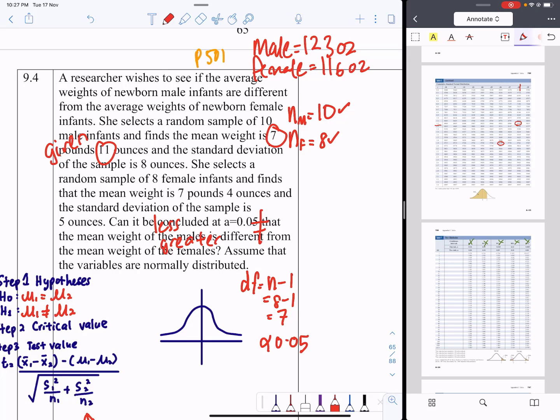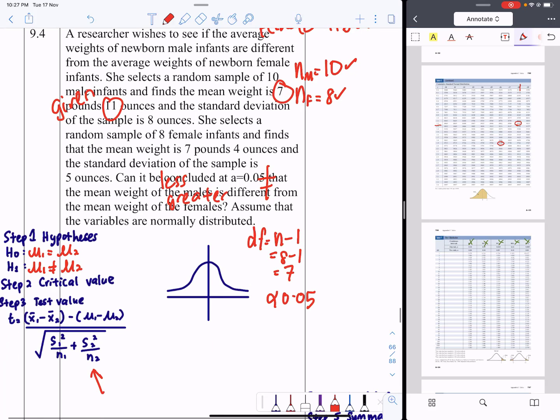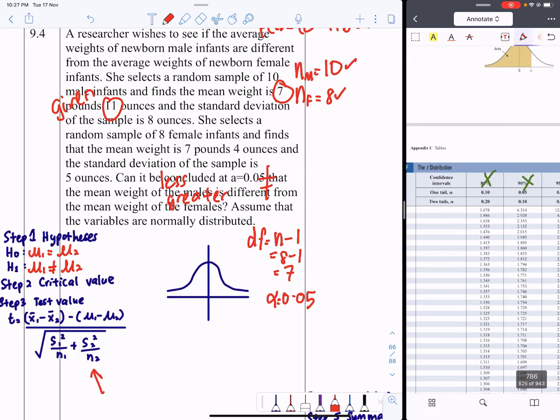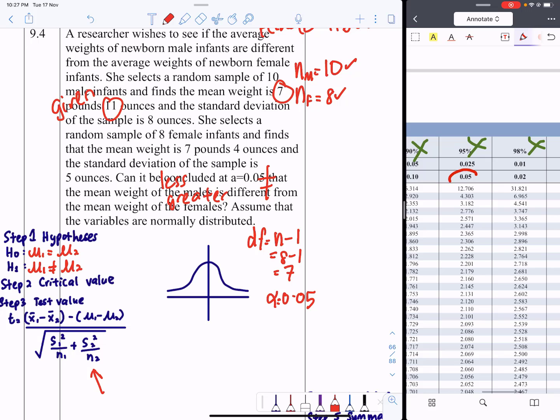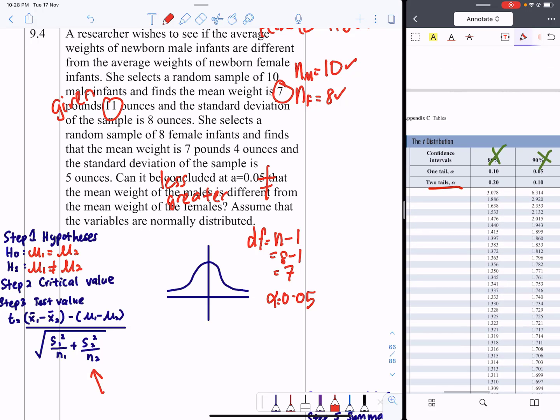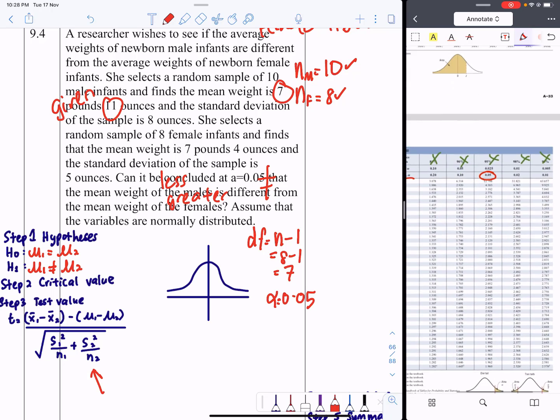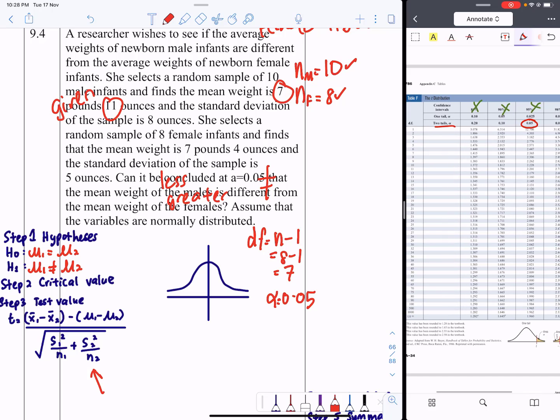And the alpha is 0.05. Because this one is a t-test and two tail, we can directly go to two tail here and go for 0.05 without dividing it. That is the simplest one. We can actually use one tail too, but I worry you will get confused, so we go directly to 0.05.